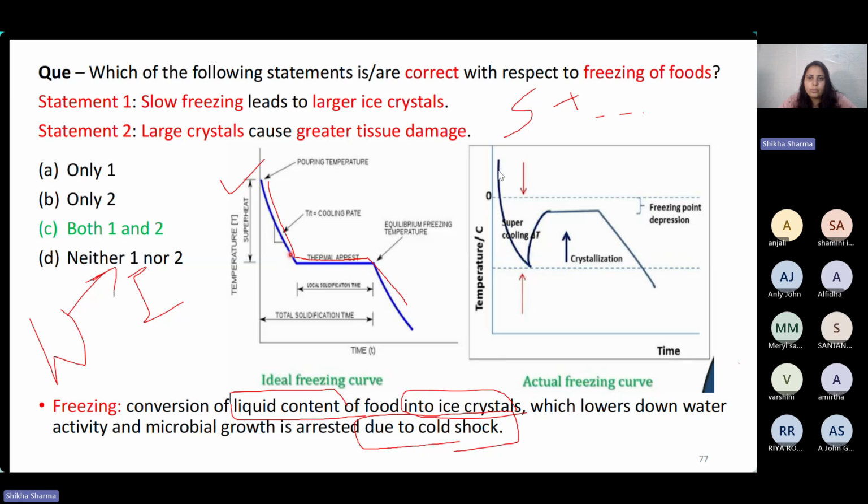So when we decrease the temperature, it will supercool, and then the latent heat will be removed, and if we continue, the crystallization or ice formation will occur, and finally the freezing temperature is attained.